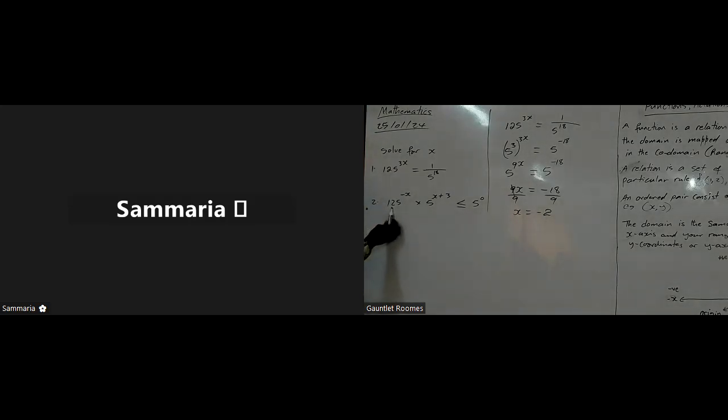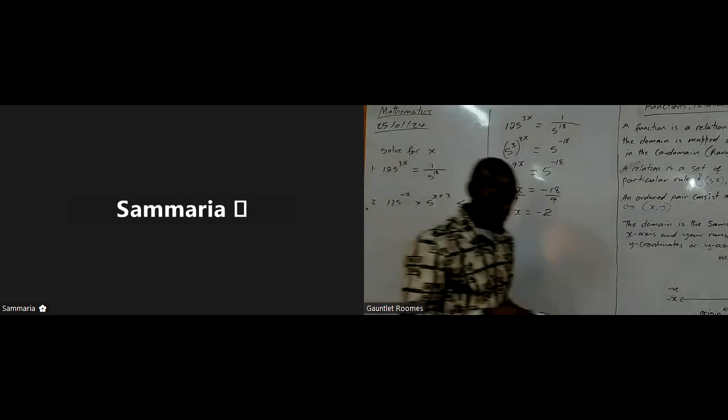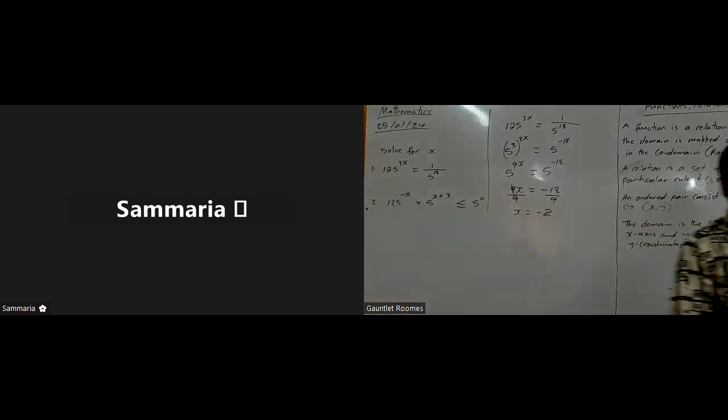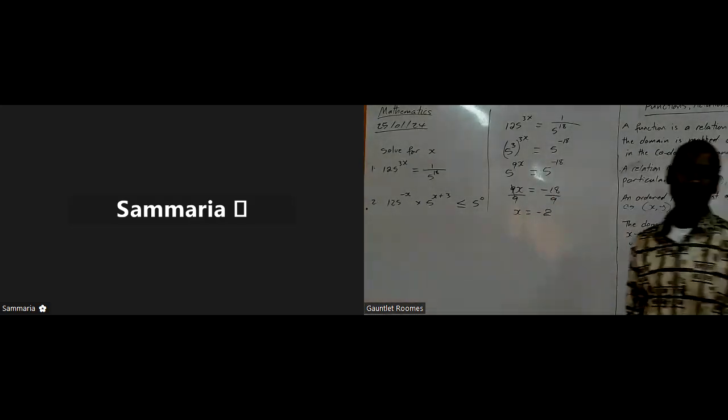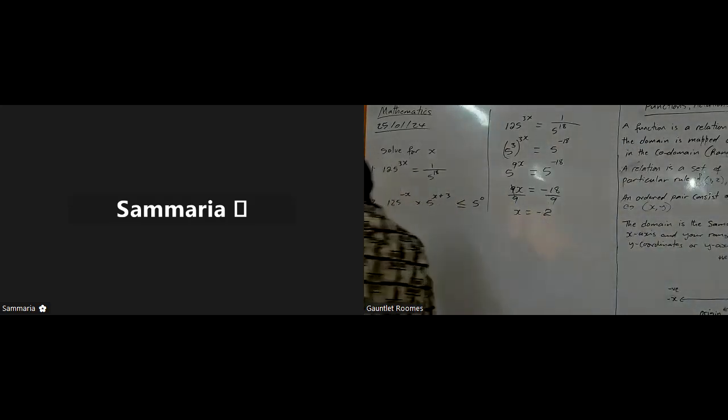Question 2: 125 to the power of negative x times 5 to the power of x plus 3 is less than or equal to 5 to the power of 0. So again, we apply the rule. We must get the bases to be the same. So 125 is equal to 5 to the power of 3.